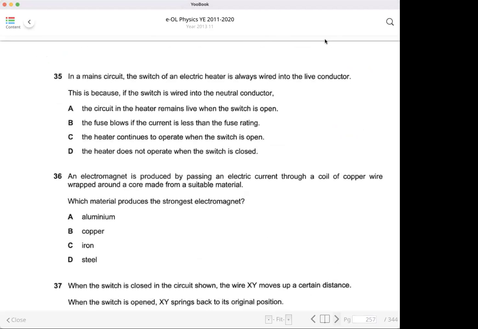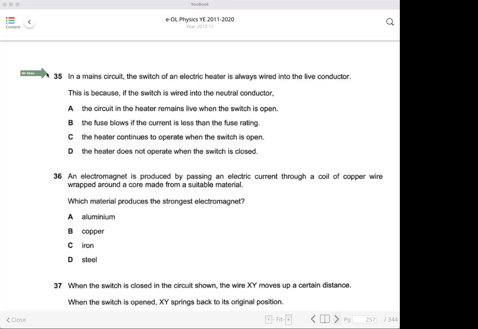Question number 35. You all may begin. Okay, I got my answer for 35 already. Okay, all of you got it correct for 35.